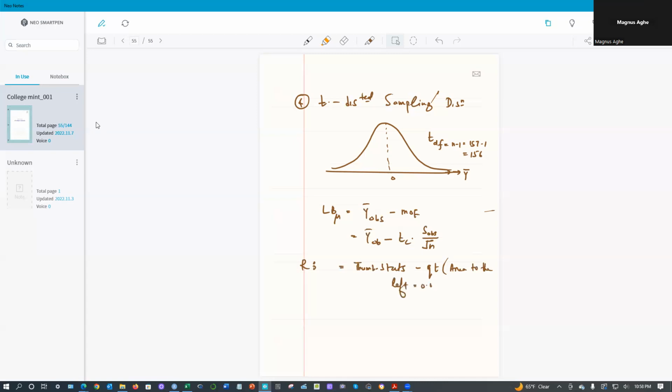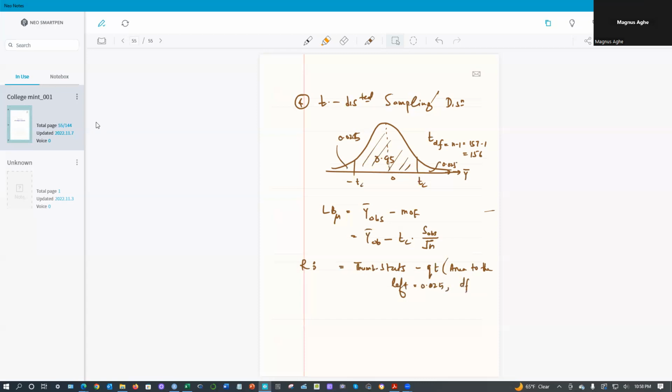0.025, because this is 0.95 here. I'm looking for minus TC. This area is 0.025. This is the confidence region we are working on. The area to this one is 0.025. Not only that, you have to give the degrees of freedom.